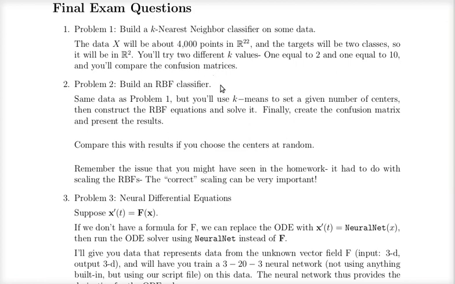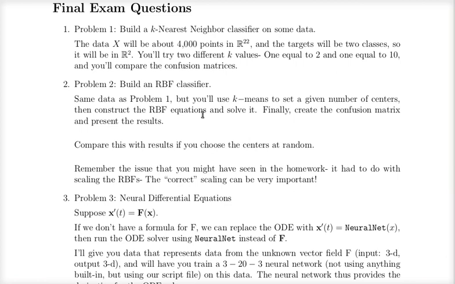Build an Rbf classifier. This is going to be the same data set as problem 1, but we'll use k-means initially to set a given number of centers. I will tell you what number of centers I want you to use, and then construct the Rbf equations and solve it. What I mean by that is, do you remember what the Rbf equations are?